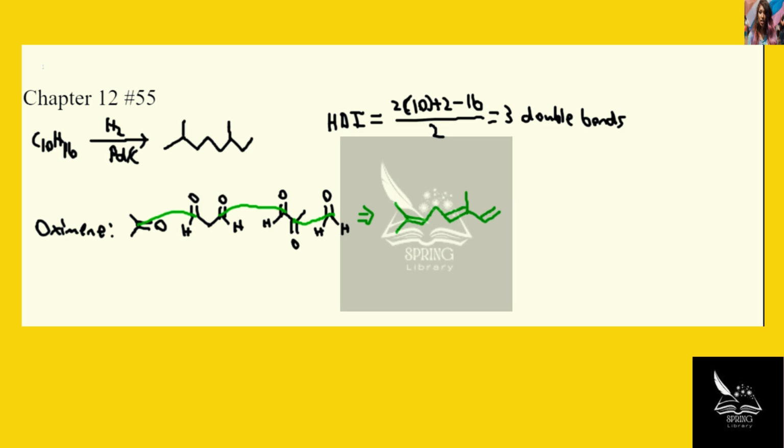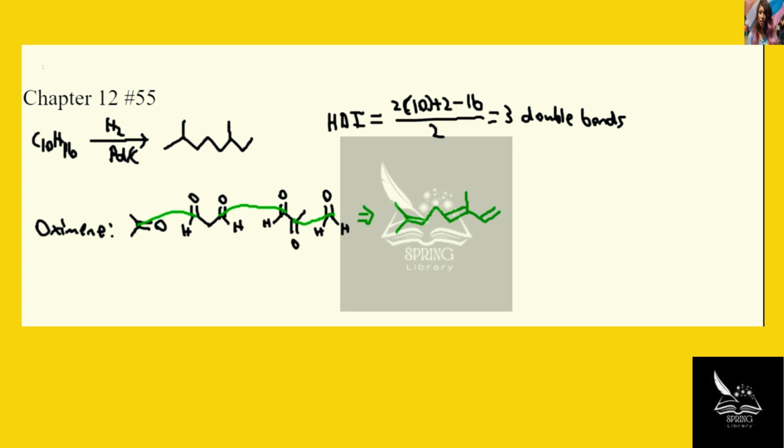Good, so this is correct. This is the way these pieces link together. This molecule has 3 double bonds, and when hydrogenated, it would give us 2,6-dimethyloctane. So this is the structure of ocimene.